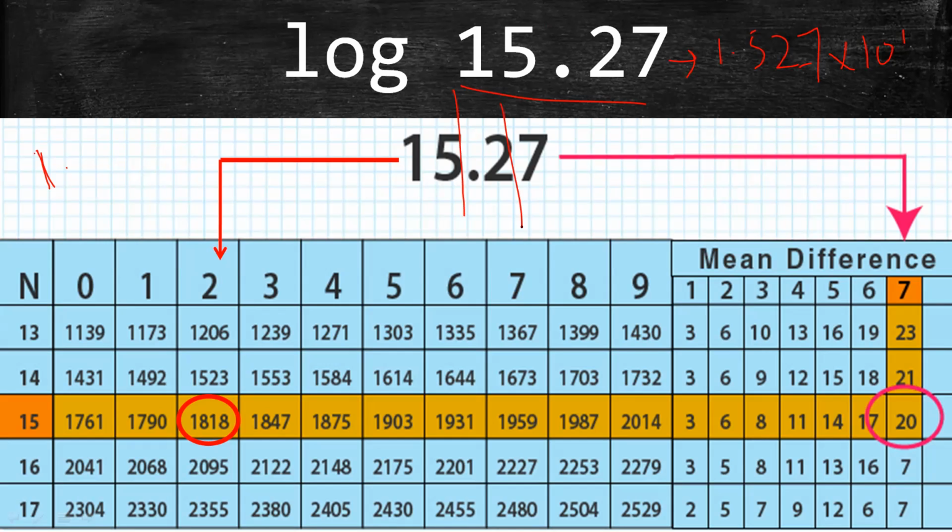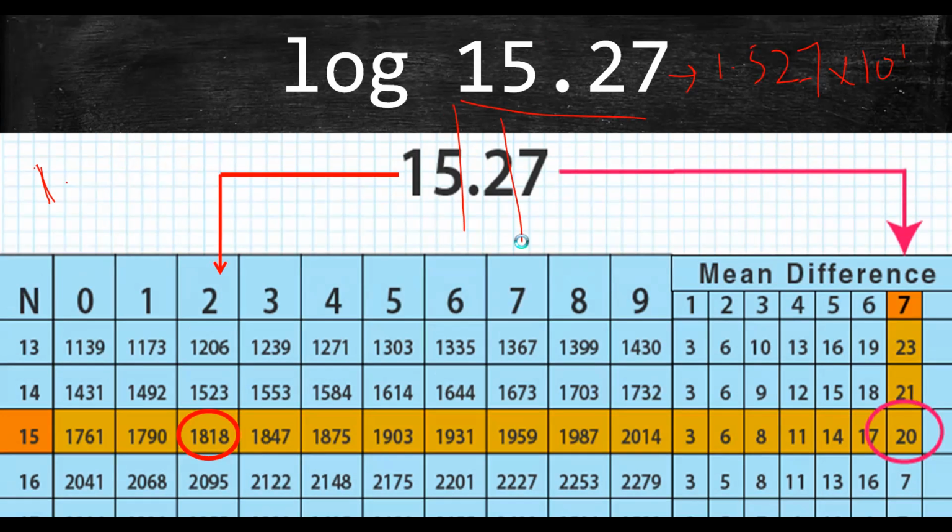In that, you are going to find the log of 15.27, which means you have to place the ruler against 15. Why do I prefer you to use a ruler or scale? Because these values are so crowded in the log table. In order not to misread the values, it is always better that you use a straight ruler or a scale. So 15 is the first number, right?